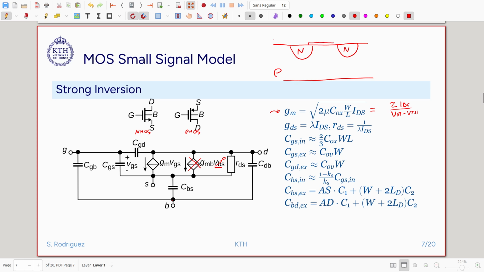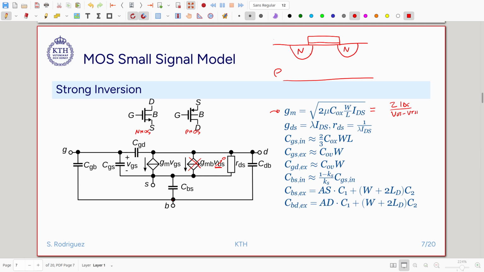and then we have the poly located like this, and there is an oxide here between the poly and the substrate, and then there are several capacitors that are formed here.